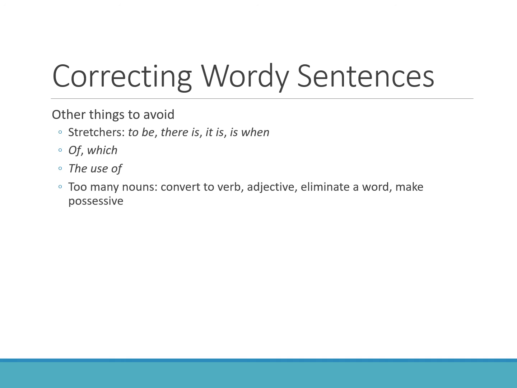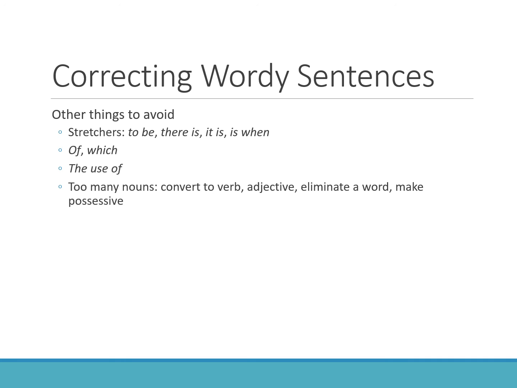So for example, we often use is when in definitions. Schizophrenia is when an individual has delusions and hallucinations. That's 9 words. If instead we say schizophrenia involves delusions and hallucinations, we've cut it down to 5 words and it's much clearer.